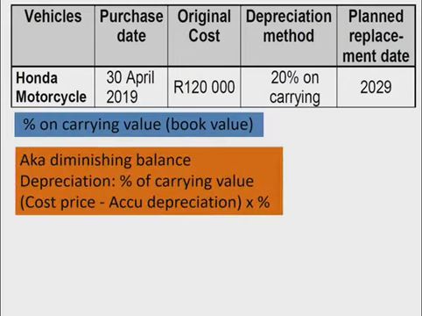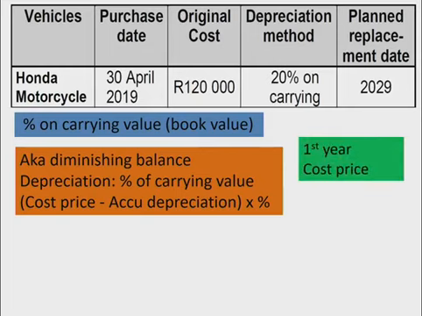It's also called the diminishing balance method. So to calculate the depreciation, we take the cost price minus the accumulated depreciation times the percentage, and in this case, the percent is 20%.